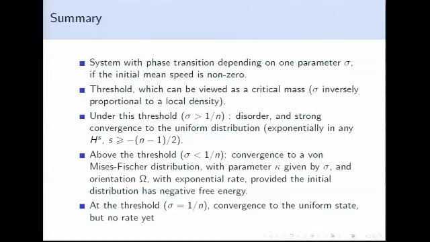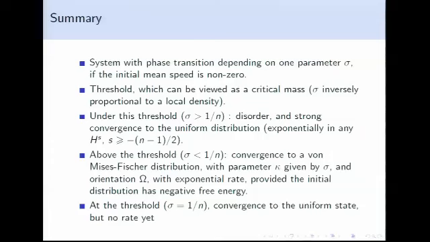The system we're studying is a phase transition, determined by an order parameter, the one parameter temperature sigma. We use the mean velocity as the order parameter to study the behavior, and there's a threshold critical temperature or critical density, depending on the context you're studying.